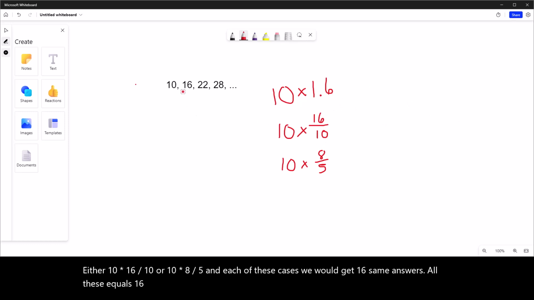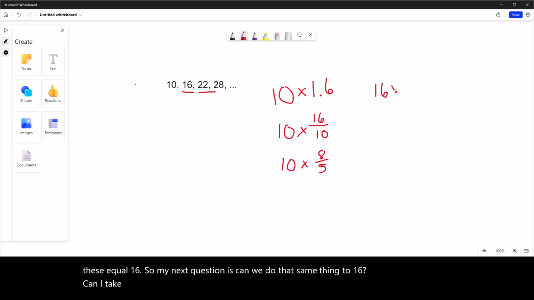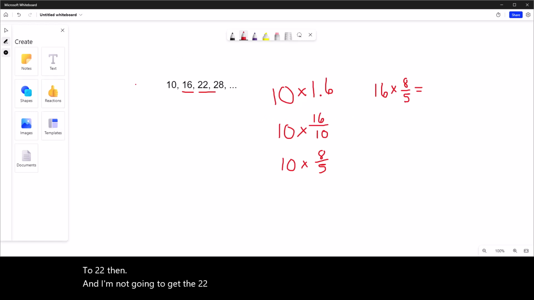So my next question is, can we do that same thing to 16? Can I take 16 and multiply it by 8 over 5? And will I get to 22 then? And I'm not going to get to 22. 16 times 8, I'm going to use a calculator here because I don't know 16 times 8 off the top of my head. 16 times 8 is 128.